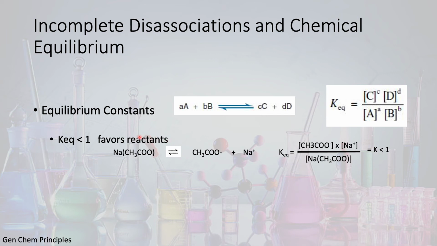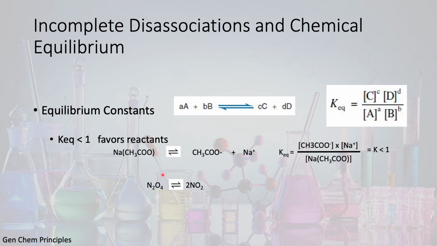Because this example is a weak electrolyte, this allows us to also equate that K_eqs of reactions that are less than 1 favor the reactants, right? So our sodium acetate solid here does not proceed forward and produce a large number of sodium ions and acetate ions. This chemical reaction's equilibrium favors the reactants.